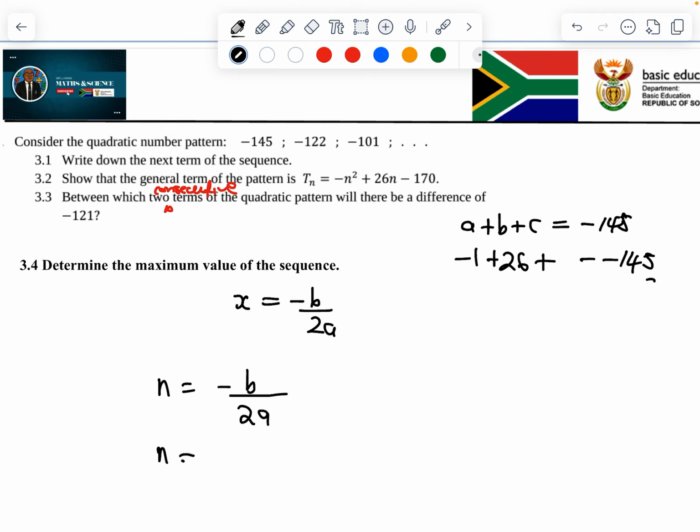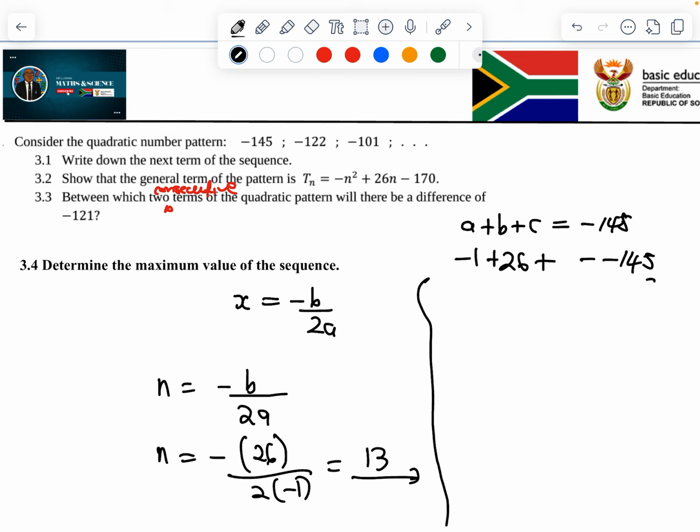So n equals minus into my b, which is 26, all over 2 times my a, which is minus 1. Then 26 divided by 2 is 13. So this is the x value of the maximum.